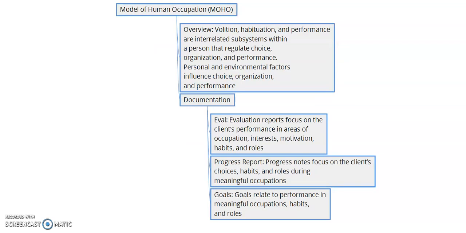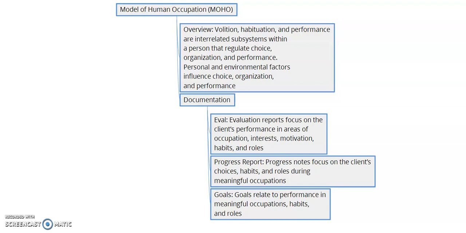The Model of Human Occupation states that volition, habituation, and performance are interrelated subsystems within a person that regulate choice, organization, and performance. Personal and environmental factors influence these things as well.